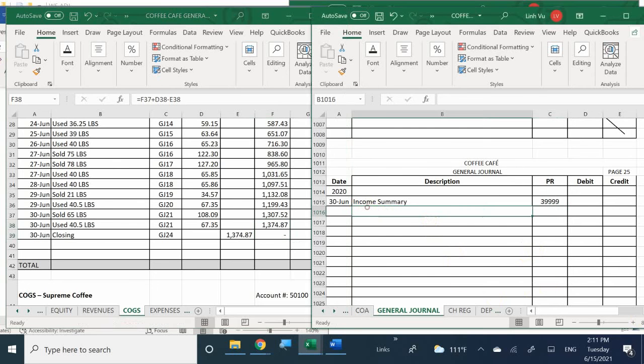So here I'm going to be crediting my cost of goods sold for my regular. Okay. And this is account number 550. Okay, and I'm going to be crediting it for 1374.87.